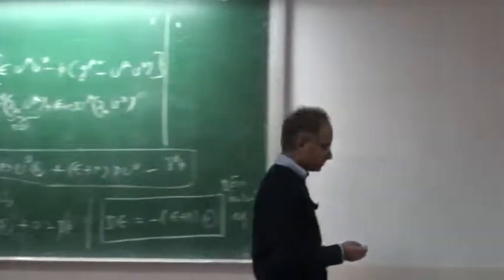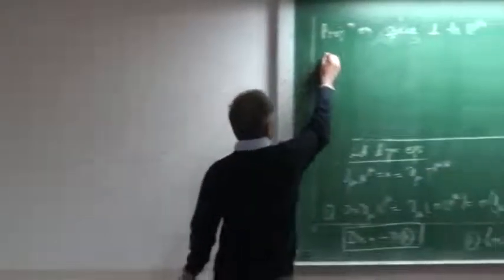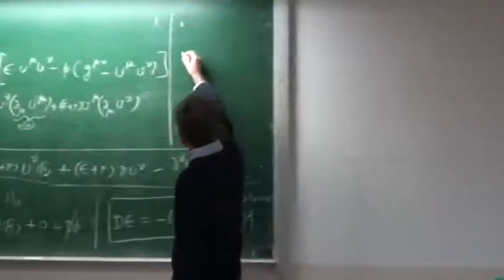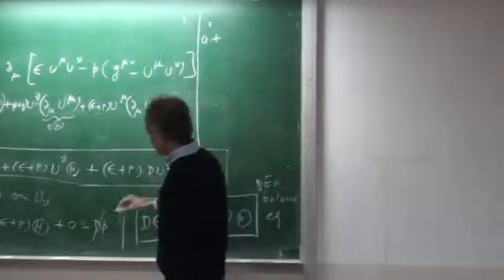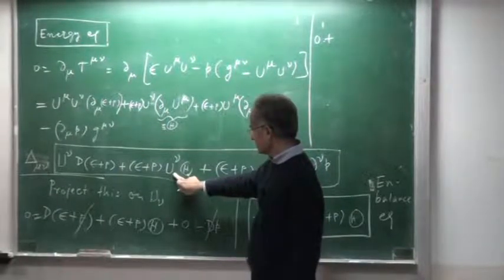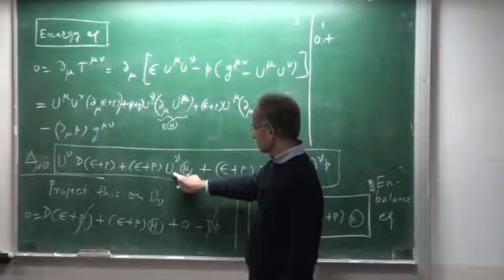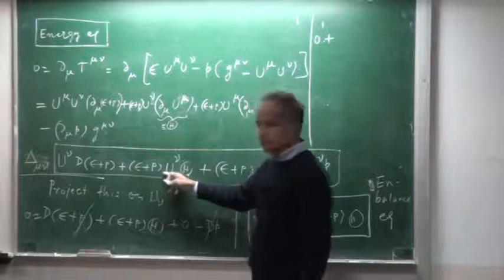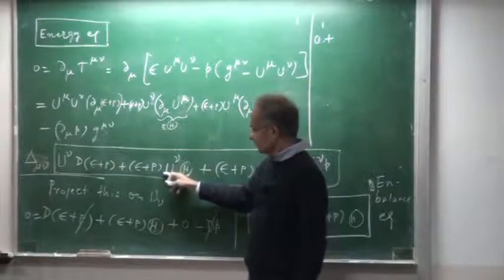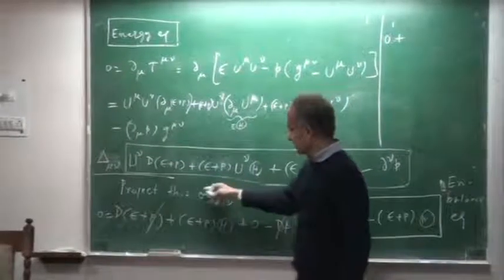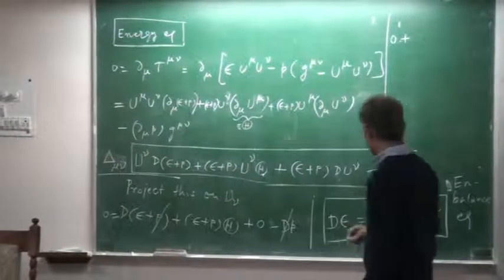The first term is 0. Now acting on this, it will again give 0 because the operator, you can just push up to here. There is no derivative in it, it's just a projection operator. This will also give me 0.